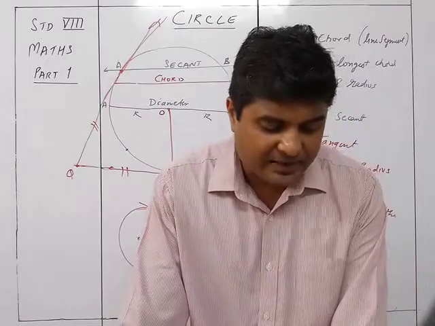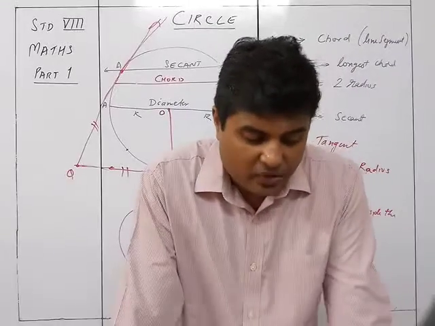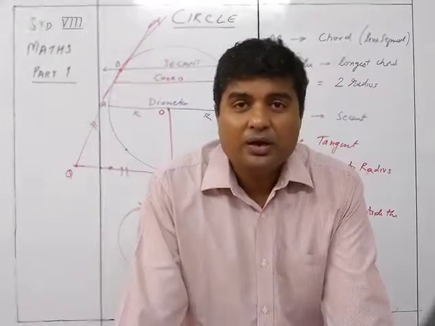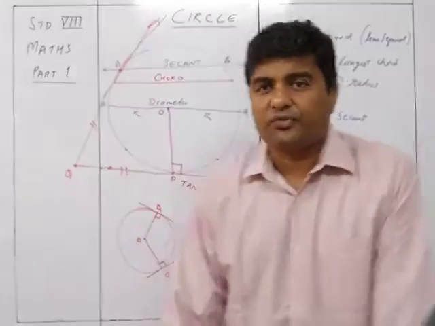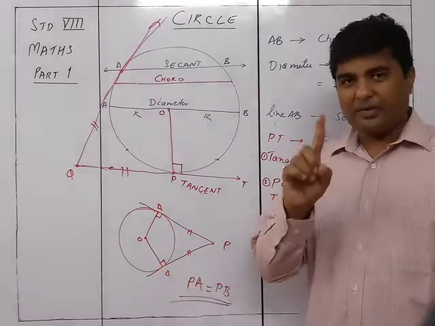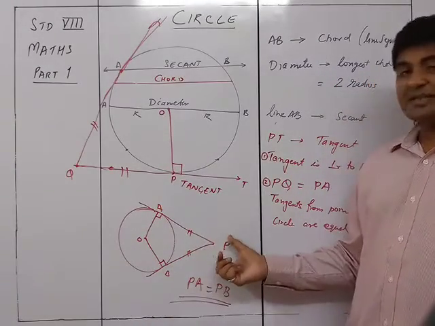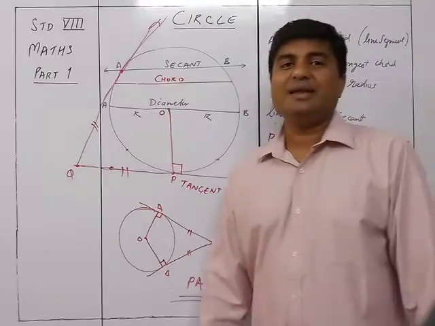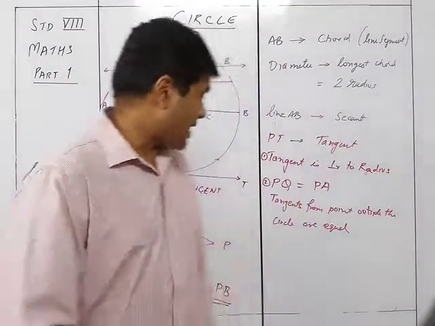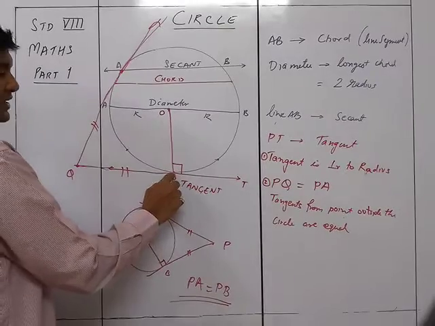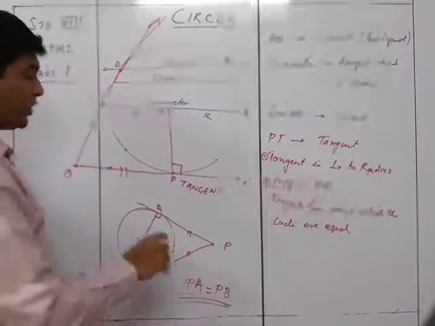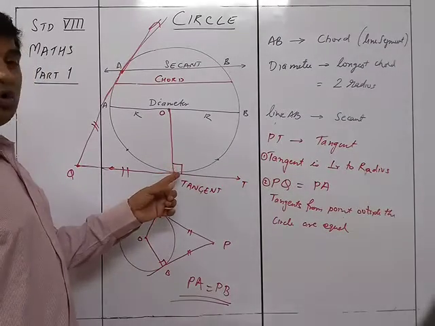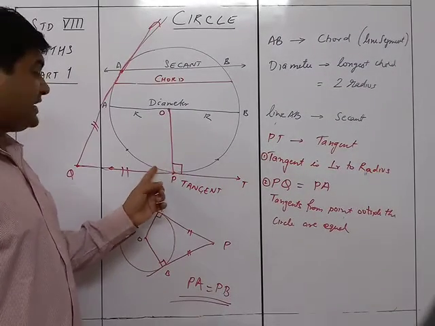And secondly, only one tangent can be drawn from a point on the circle. If I want to draw a tangent at a point on the circle, only one is possible. But if I take a point outside the circle, then I am able to draw two tangents and both these tangents are equal. Here I cannot draw another tangent at point P, because I cannot draw two different perpendiculars at the same point.